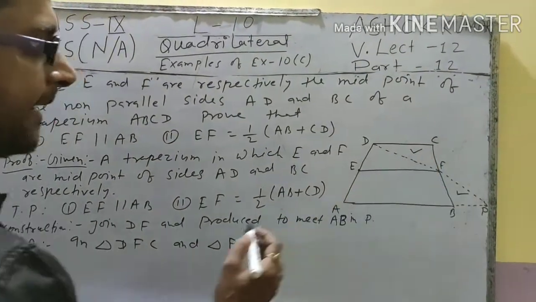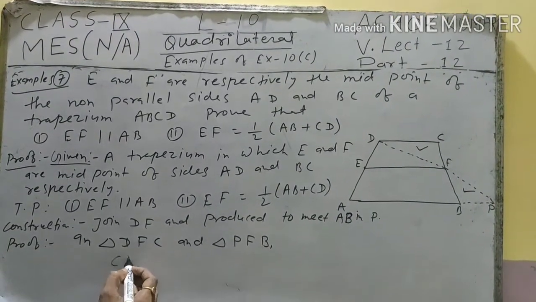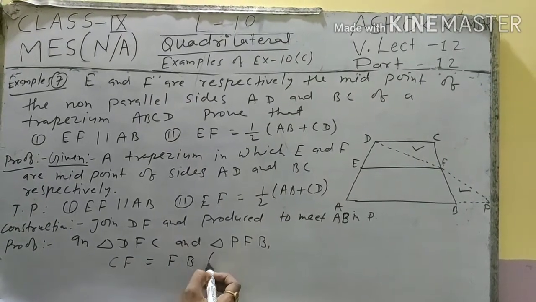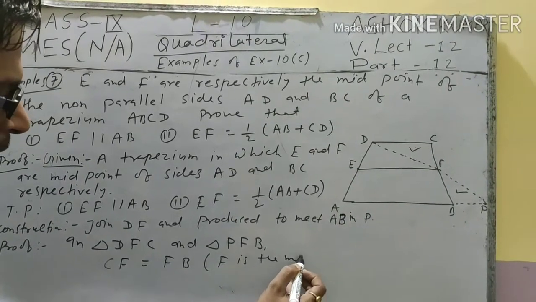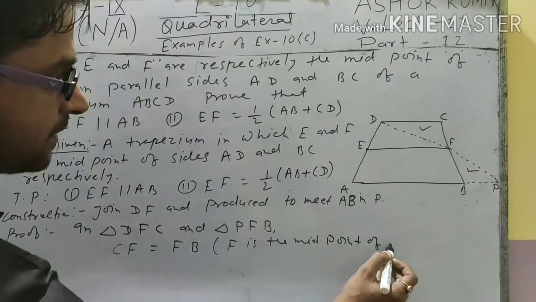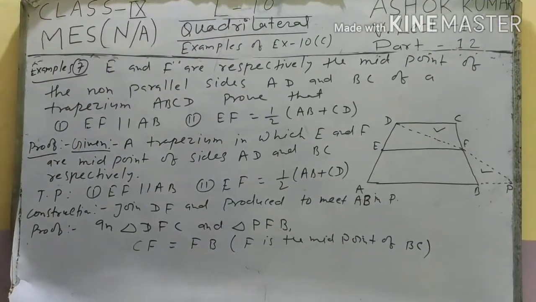In these two triangles, CF is equal to FB, because F is the midpoint of BC.